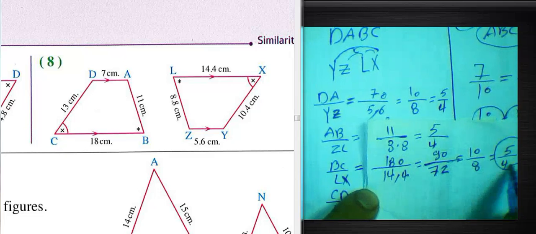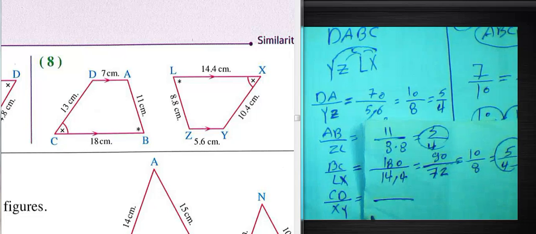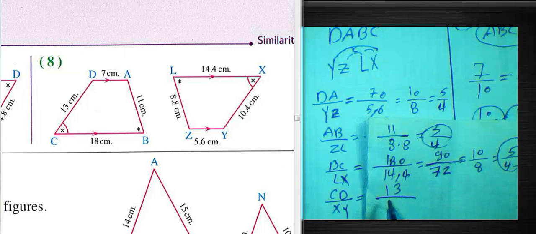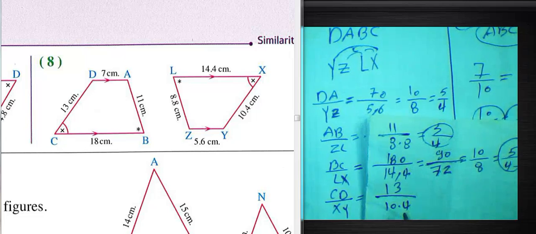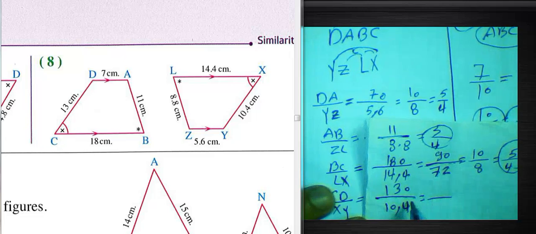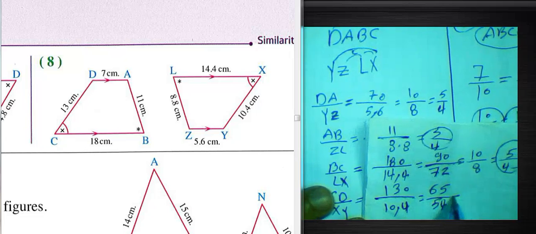Okay. The last ratio, CD over XY, CD 13, XY equal 10.4. We can multiply by 10, 130 over 104, divided by 2 equals 65 over 52.